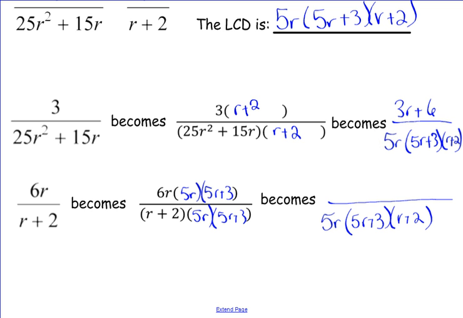So, let's see. Multiply my numerator. Well, that's 30r squared times 5r plus 3. So this gives me 150r cubed plus 90r squared. Let's make that cube look more like a cube.